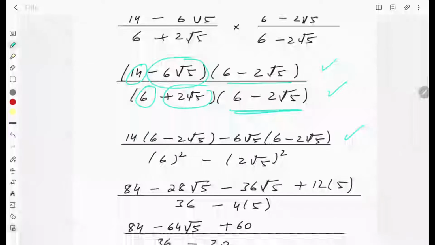In the denominator, I am using the formula a plus b into a minus b, which is a square minus b square. I'm using this formula in the denominator because it will be much more convenient, although you can go for long multiplication as well in the denominator.